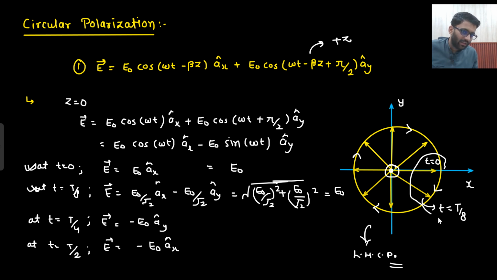If I check only at two instants, I will be able to tell in which direction I am moving. I am moving in this direction and my thumb should be pointing towards my face, because this is the direction of wave propagation. So I need to use the left hand, so it will be left hand circularly polarized. Is that clear to you? So this is how you should do the analysis.